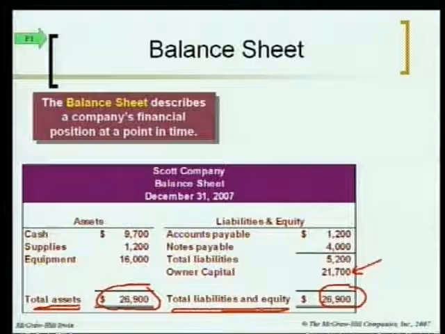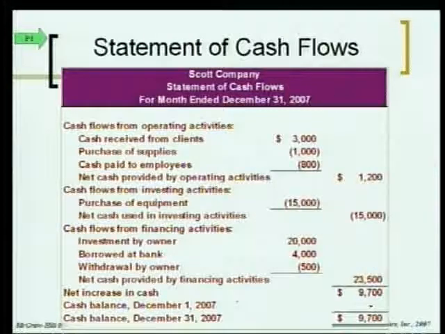The fourth financial statement is the cash flow statement. Now, this shows the cash inflows and outflows for a given period of time. All I want you to do is really just look at this statement and be aware that it exists, but we are not going to prepare this financial statement in this class.